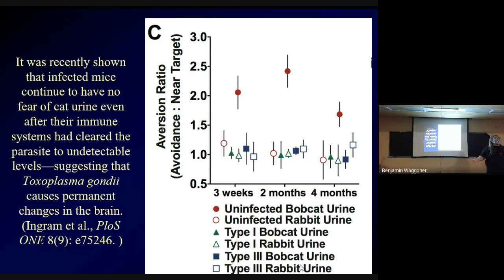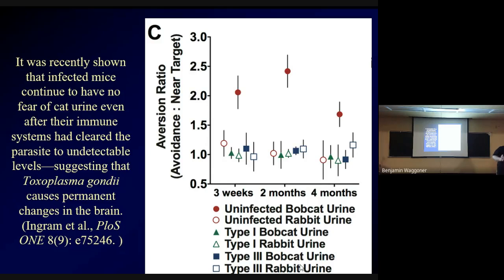Infected rats don't care about bobcat urine. And the patterns still persist 4 months after infection. By that time, the rats no longer have any parasites in them, but they've still lost their fear of bobcat urine. So the brain of the rat seems to be permanently changed by infection with toxoplasma.